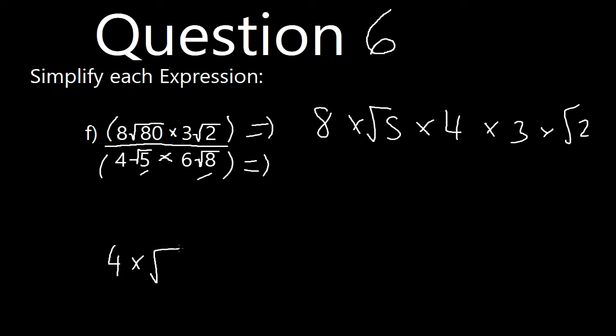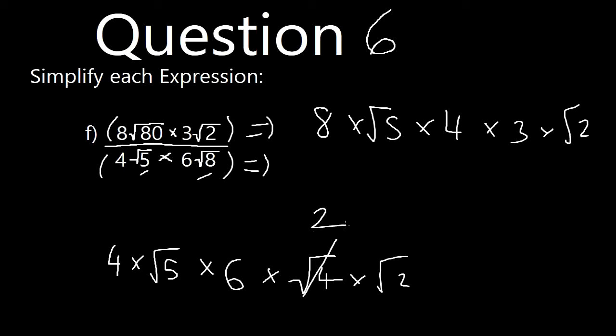So 4 times root 5, because it doesn't really have any other factors apart from itself and 1, times 6, and then this 8 here I know can be represented with the square number 4 and root 2, because remember 4 times 2 equals 8. So with that said, can we simplify this anymore? Yes, because root 4 is the same thing as 2. So let's go ahead and put this as our new denominator.